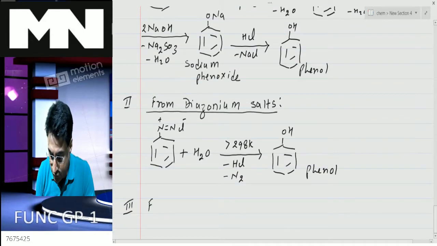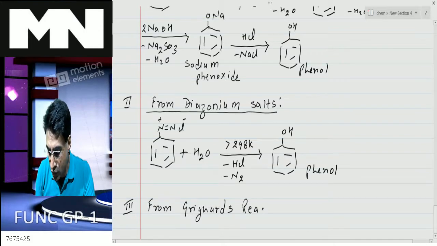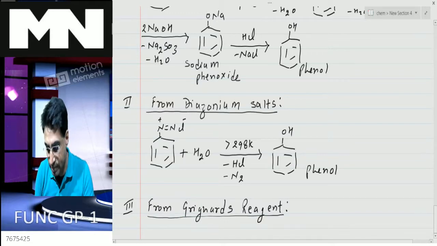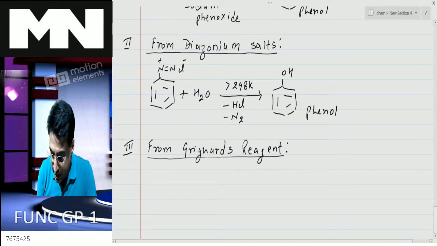Third is from Grignard's reagent. Well, when I'm saying from Grignard's reagent, that Grignard reagent will be aromatic. So I've got a compound like phenyl magnesium bromide.